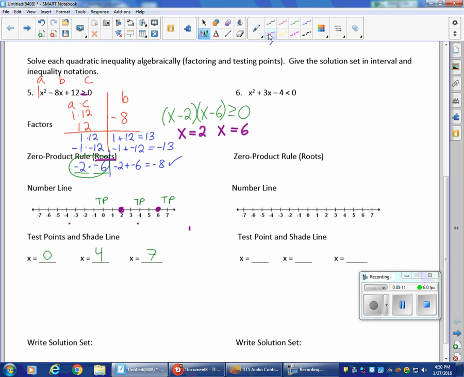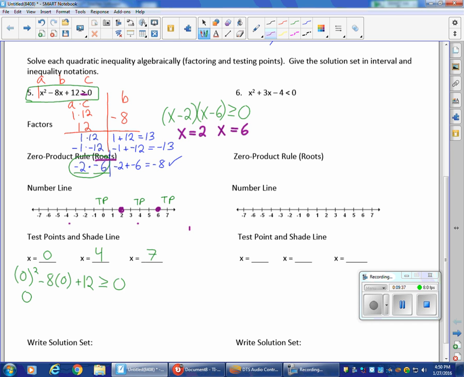So we actually start. We're going to take 0, and we're going to plug it back in up here where we began. So what's 0 squared minus 8 times 0 plus 12? Is that greater than or equal to 0? So I want to test this to see if it's true. 0 squared gives me 0.